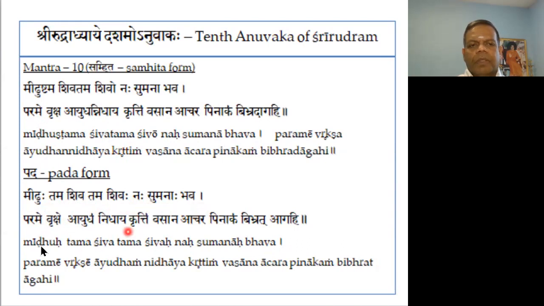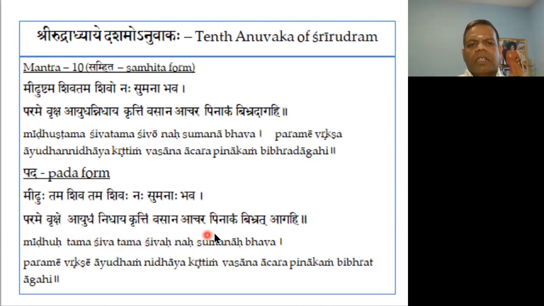Sumana bhava. Parame vriksha. Ayudham nidhaya: the Anuswara, the dot at the top, becomes n because of Sandhi. That's how Ayudham nidhaya becomes Ayudhan nidhaya.